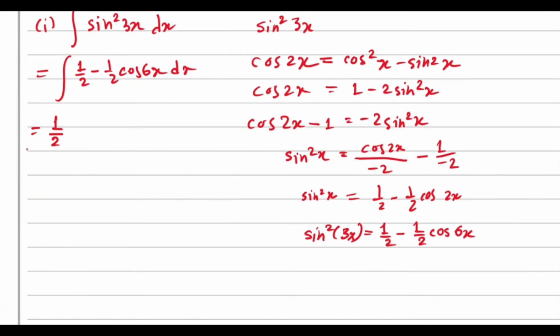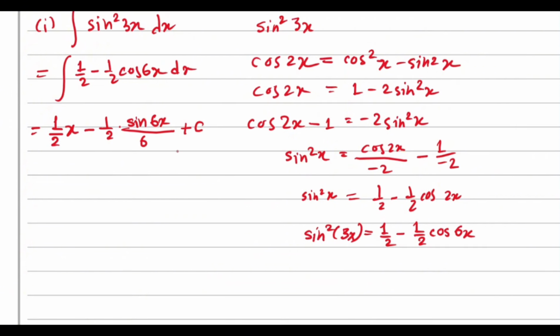So integrating half would equal half x minus half. The integration of cos is sin 6x divided by the differentiation of 6x, which is 6, plus the constant of integration, which is c.